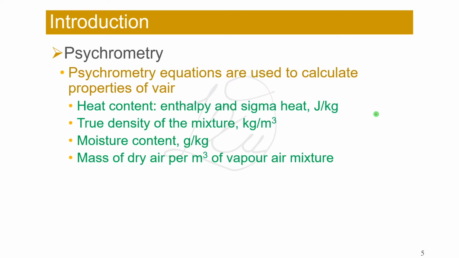Psychrometry equations are used to calculate properties of air mixture, including the heat content, the enthalpy and sigma heat, the true density of the mixture, and the moisture content of the mixture, and the mass of dry air per cubic meter of water vapor air mixture.